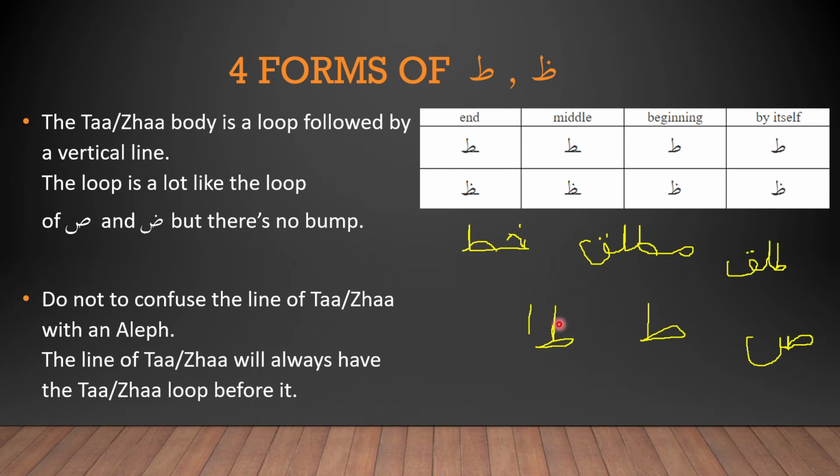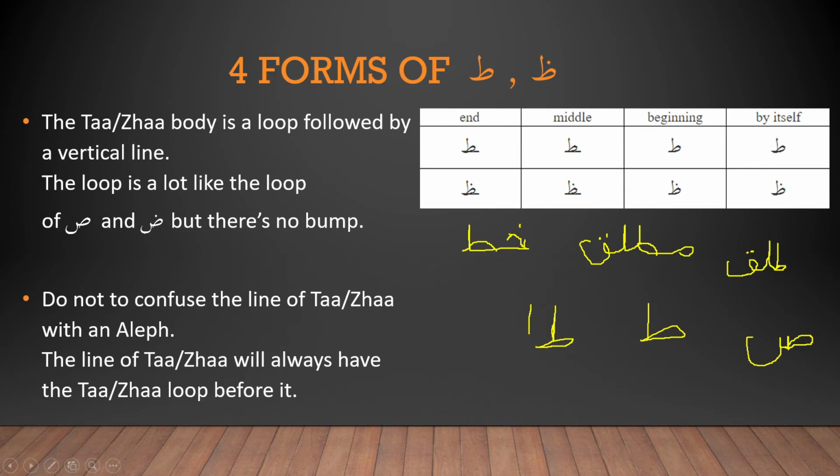The alif doesn't have any such loop, right? So if you see a loop and then a line, then think it's a Taa. If there's no loop, there's just a standing line, then that's alif.